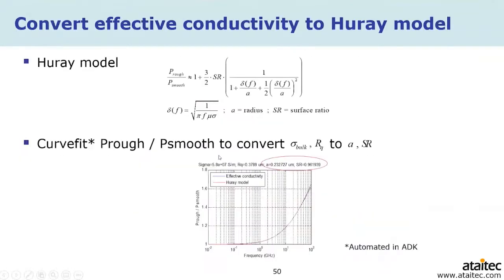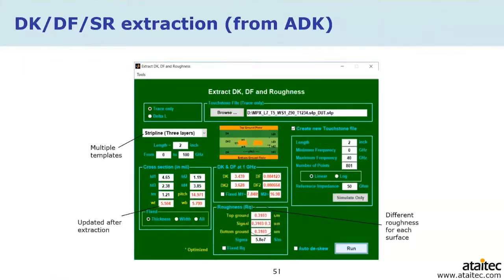Now, if people want to use a Hammerstad model, you can certainly convert the effective conductivity model into a Hammerstad model. So all this is automated after you get these embedded results from ISD. You input them into our other software, ADK. You select a template, whether it's a stripline, microstrip, or coplanar, and then you enter a few parameters, and then you click run, and it's going to automatically extract Dk/Df and the roughness.